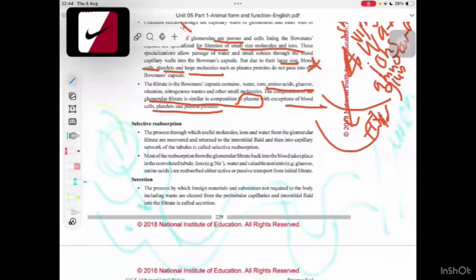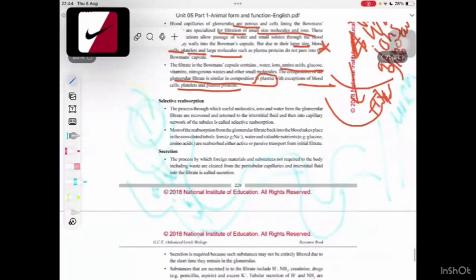So, will the water, the ions, the amino acids, the glucose get excreted? What will happen if they get excreted? That means all the useful substances are going to get excreted. So we should save these substances. They got filtered because they were small, but they didn't purposely get filtered. They wanted to stay in our blood, but because of the pores and their small size, they had to get into the Bowman's capsule.